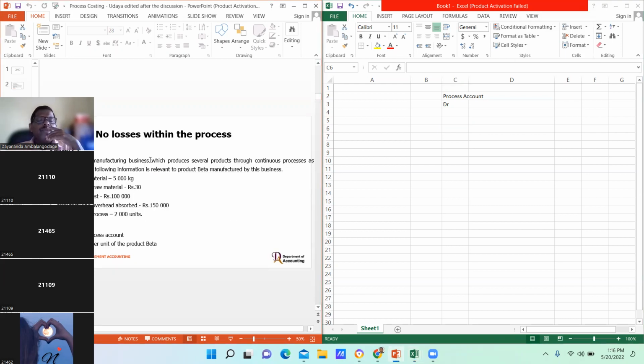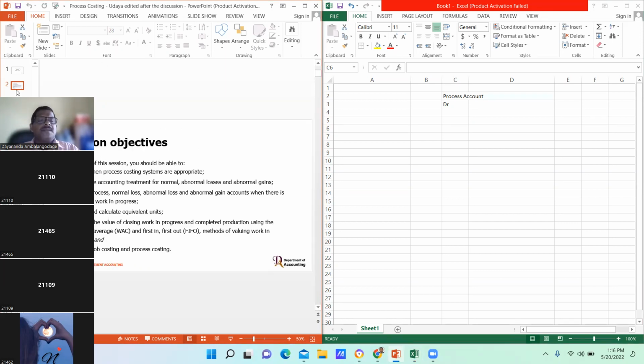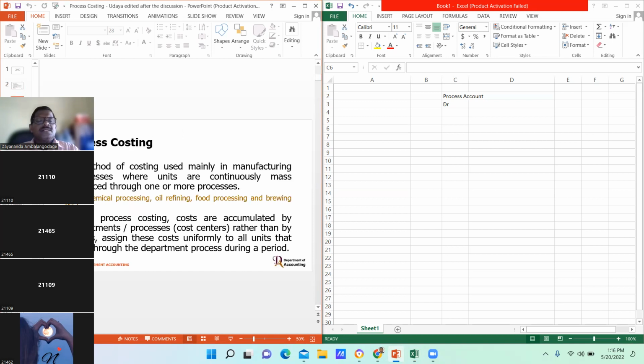Damit PLC is a manufacturing business which produces several products through a continuous process as large batches. In process accounting, you produce a mass amount of items, not one, two, three. Examples are chemical processing, oil refining, food processing, brewing.